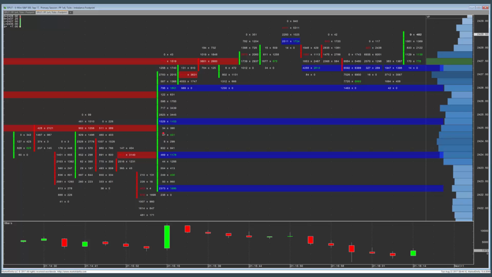So the cool thing is, as these imbalances develop, they do provide near-term support and resistance in a real-time manner. They'll draw across until they're pierced, until they're taken out, and then they obviously stop drawing, which you see here. So they can provide levels of pullback and near-term support and resistance.